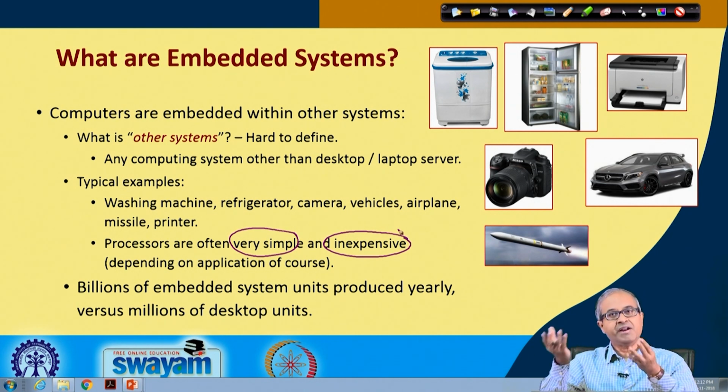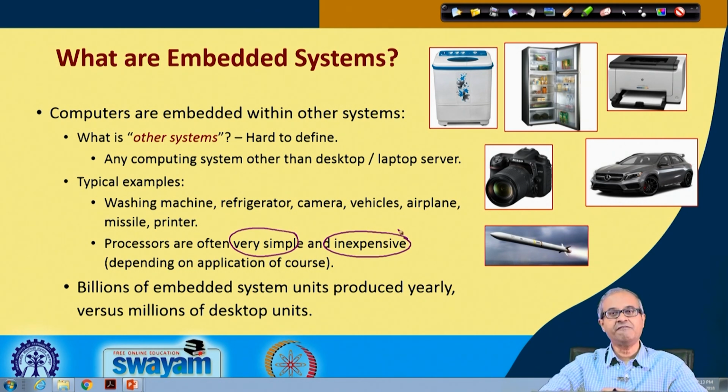There are embedded processors inside microwave ovens also. Now, if I say that I need a very powerful Pentium processor sitting inside a microwave oven, the price of that Pentium processor itself will be 5000 rupees, including all accessories and peripherals, and this will be economically not viable. They have to be very cheap, depending on the application.